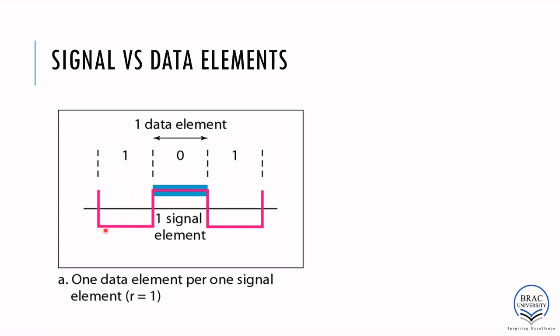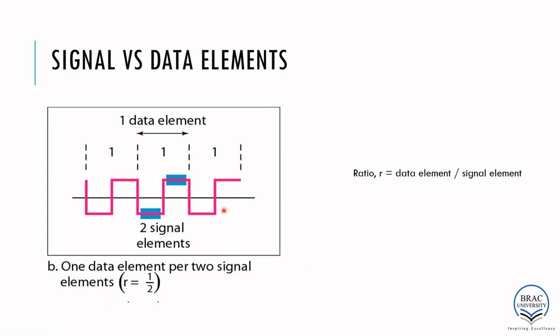You have one signal element and one signal element is carrying one data. Think of the vehicle and in that vehicle only the driver is there, so it's just carrying one person, right? So we're going to be calculating the ratio of data element to signal element, and since one signal element is carrying one data, the ratio is going to be 1.